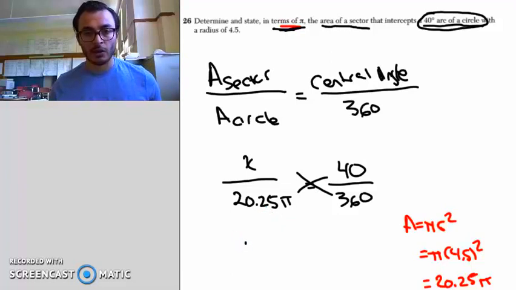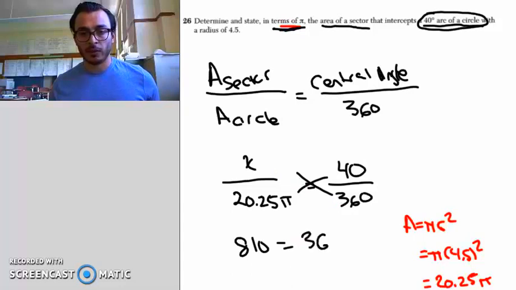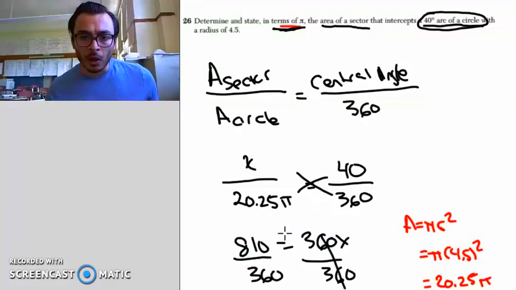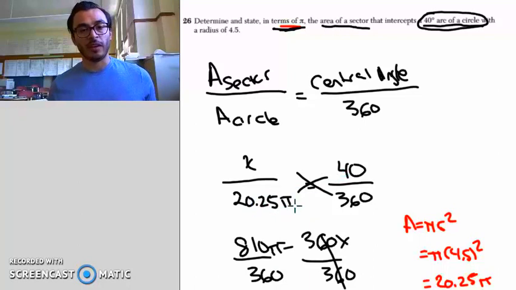That gets you 810. X times 360 is 360x. Divide both sides by 360. This cancels out. That was 810 pi. Forgot to bring the pi over. So 40 times 20.25 pi is 810 pi. So just divide 810 by 360.